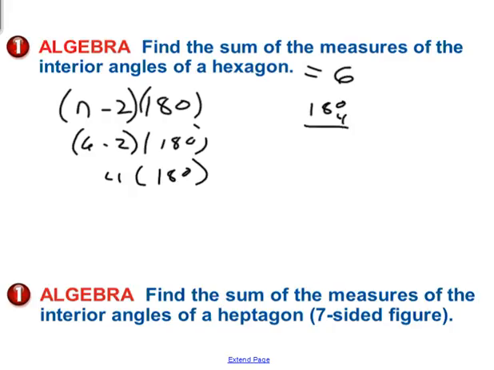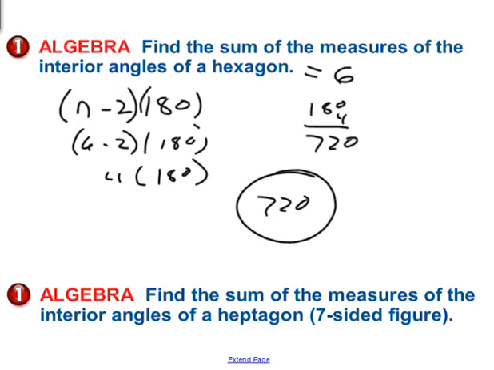I'm going to do that with my calculator. It is 720. So 720 is the sum of all of the angles inside of a hexagon.